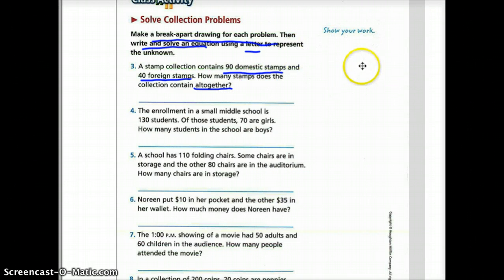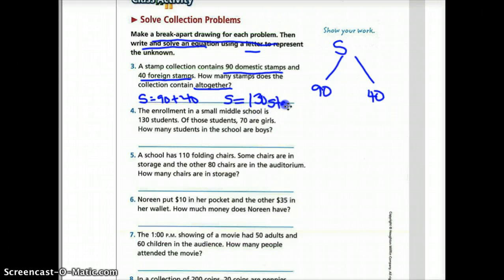Okay, so I know that this is a put together problem. I have 90 domestic. I have 40 foreign. I want to know how many total stamps I have all together. To solve this, I'm going to do S equals 90 plus 40, and S equals 130 stamps.